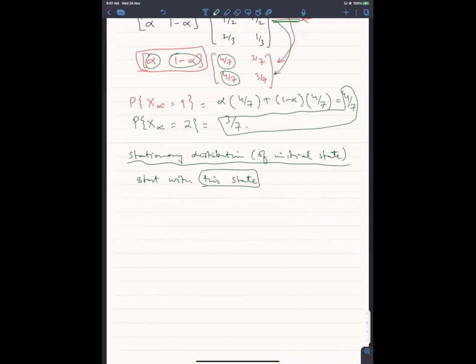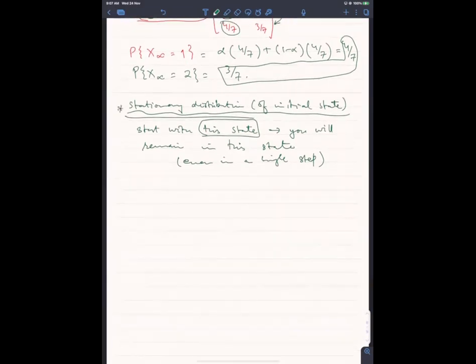You start with that probability, 4/7, 3/7, and you will remain in this state, even in a single step. If you stay in the same place after one step, it means you will stay there in the next step too, and all the way up to infinity. So this is called the stationary distribution.